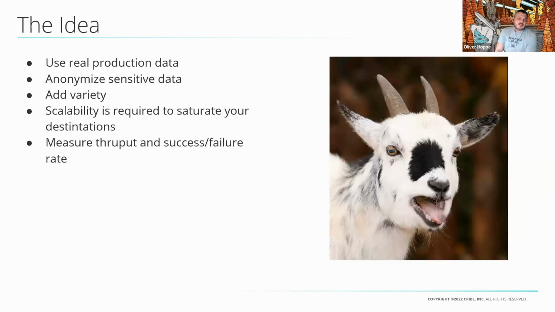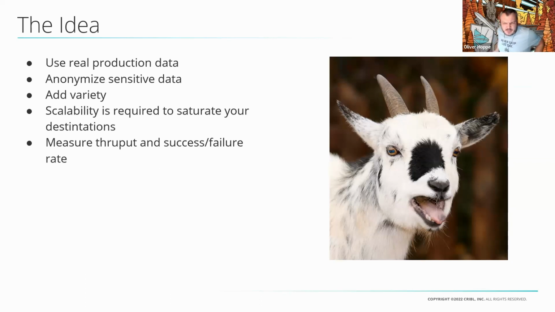So what's the idea? We want to use reproduction data, but we want to anonymize sensitive data out of it. We want to add variety to it. And it's obviously required that we can scale that kind of load test setup in order to saturate or even kill our destinations, because we want to know how much it will cost us to run our later production setup.